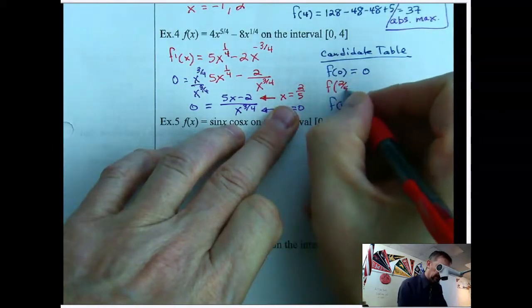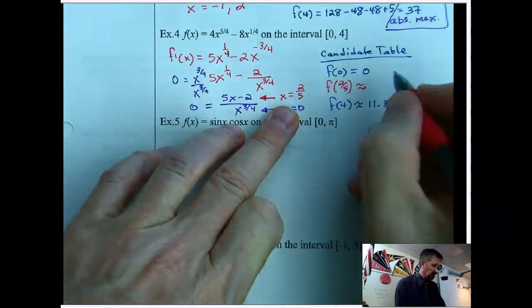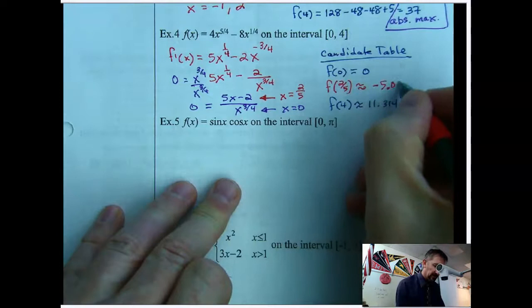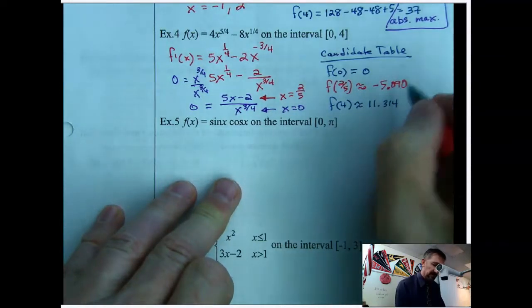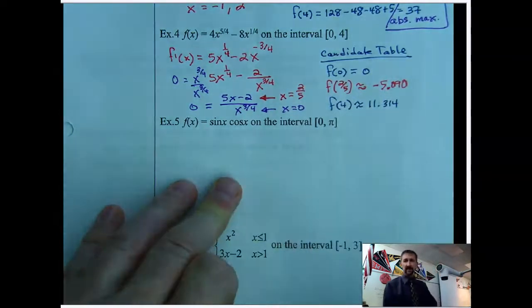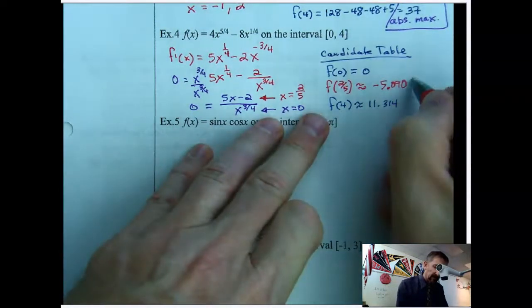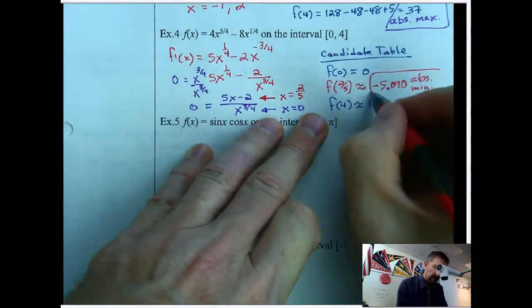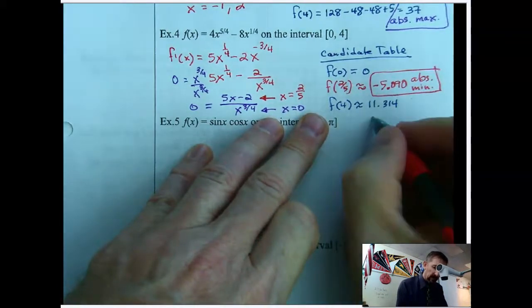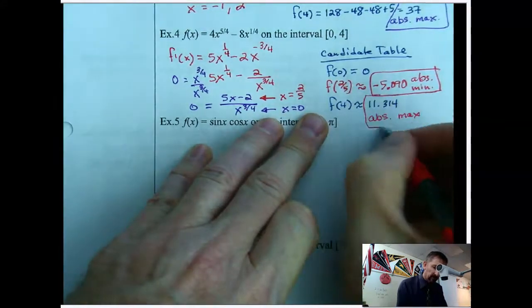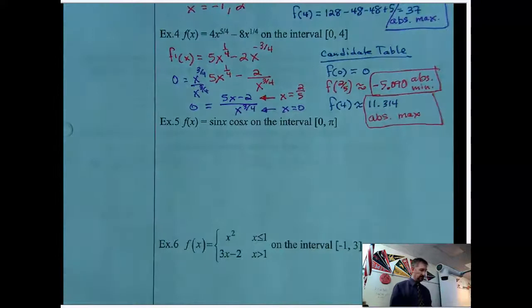If we plug in 2/5, I also did that earlier, that's -5.090. And you do need to have that last 0 on there because it needs to be to the thousandths place. So now looking at those 3 numbers, this is the absolute minimum, and this is the absolute maximum. All right?